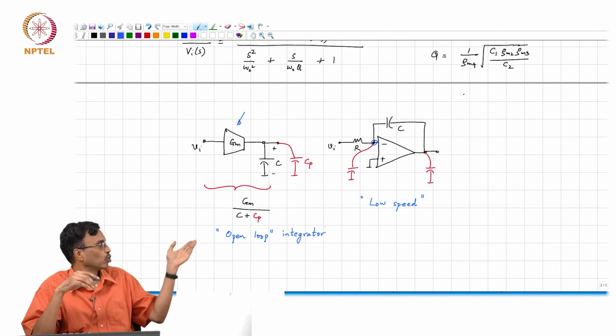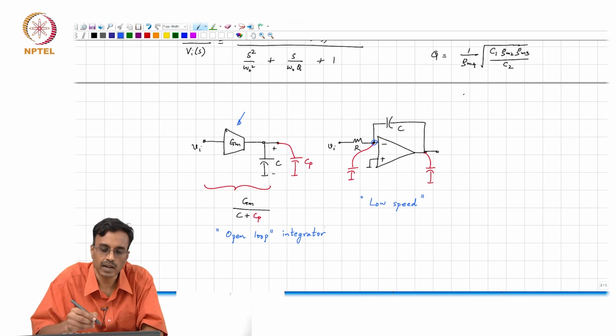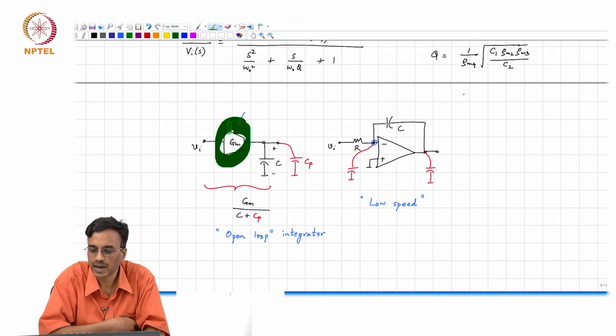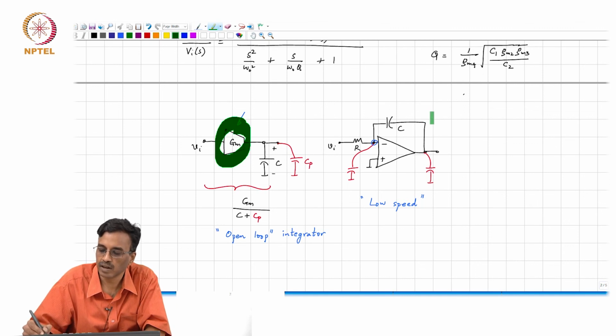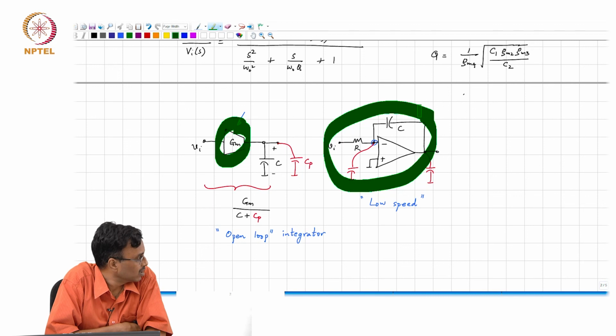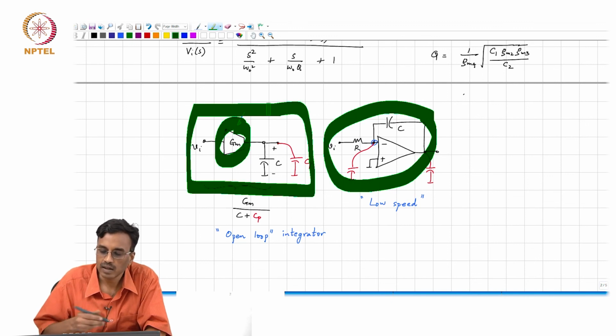But because this is open loop, it turns out that the linearity of the voltage to current conversion is most of the time significantly inferior to the linearity of this integrator. So, if you want a high frequency filter and you can tolerate some nonlinearity, then this is the only choice.